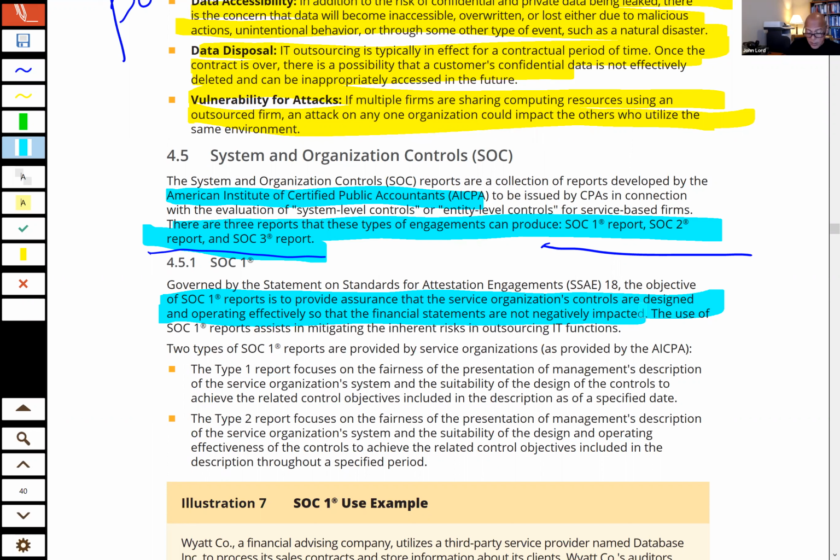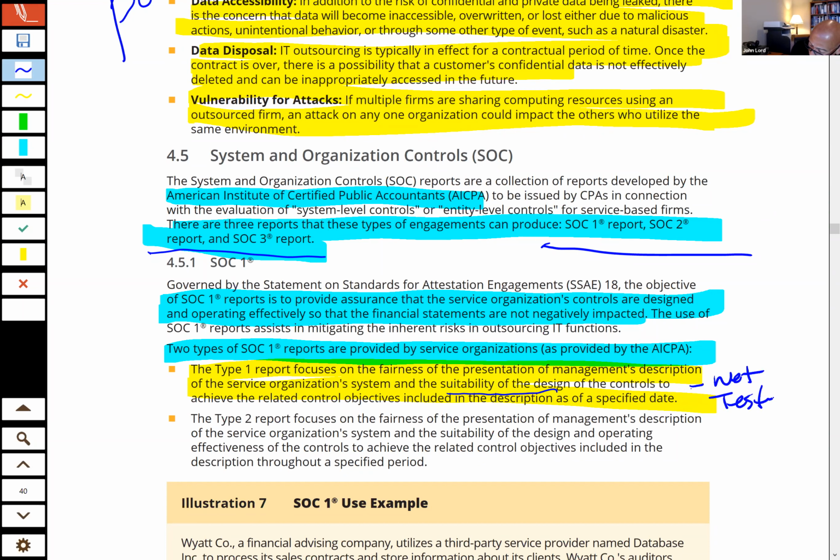at the service provider. Now, there are 2 types of SOC1 reports, and one is when there has just been a look at the design of the controls, but the controls were not tested. So controls not tested, they simply looked at the design of the controls and issued that report.